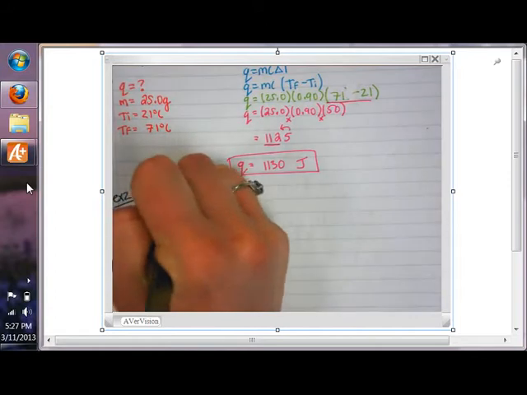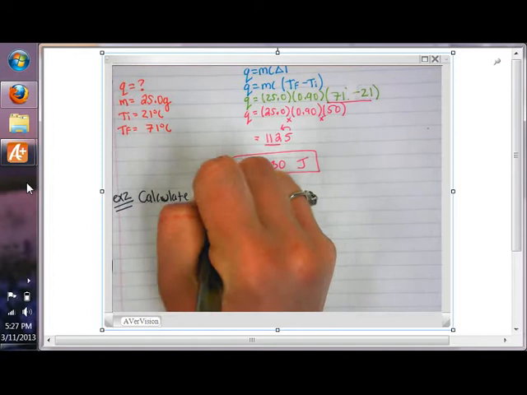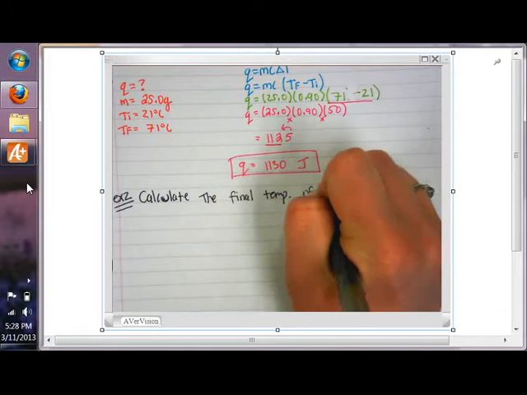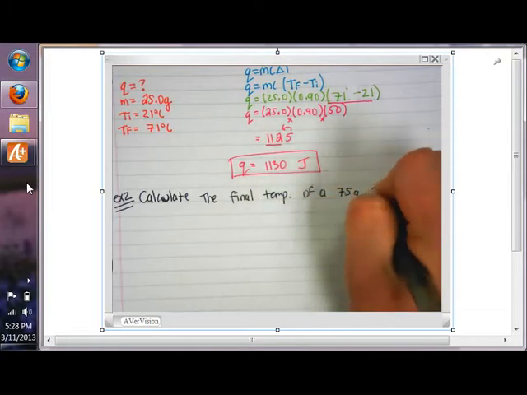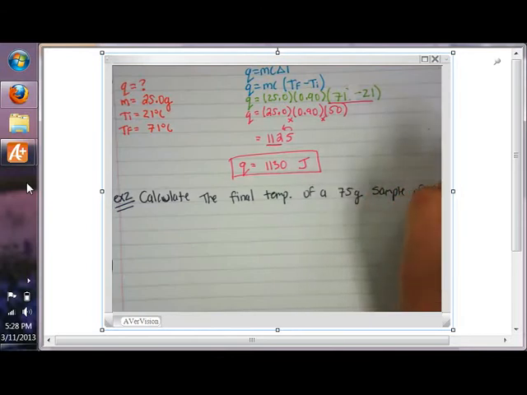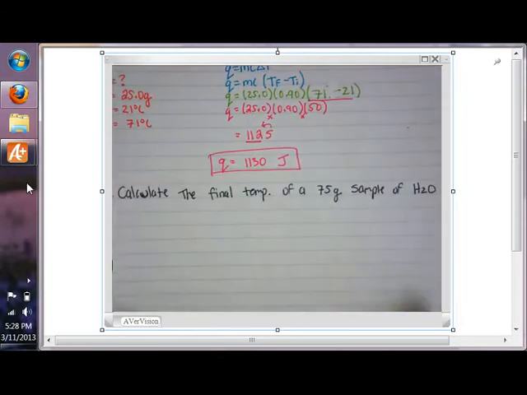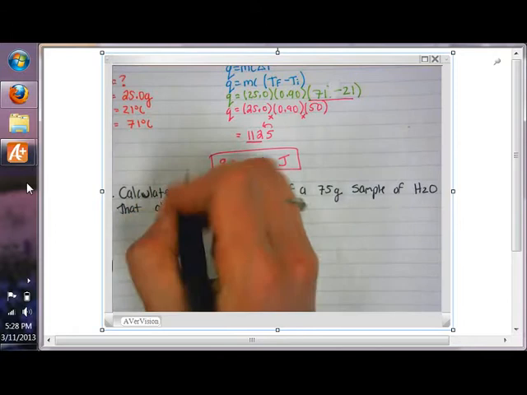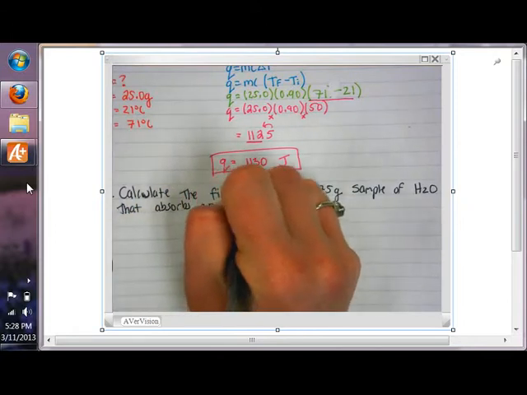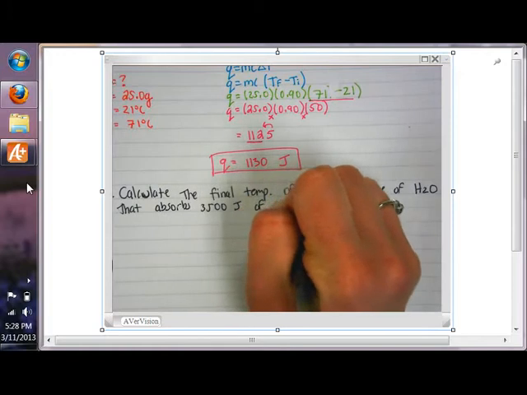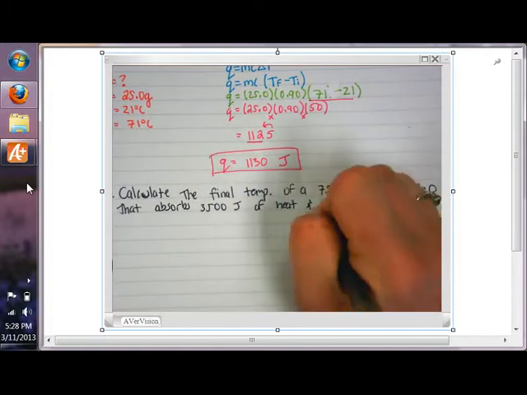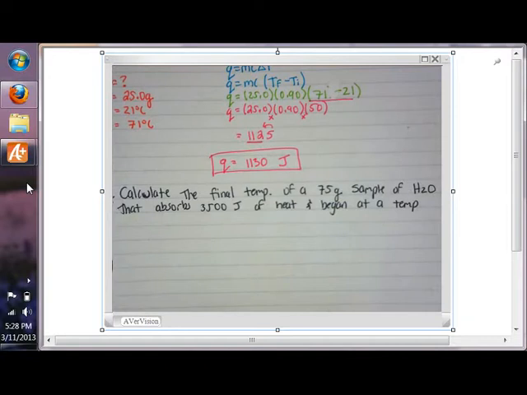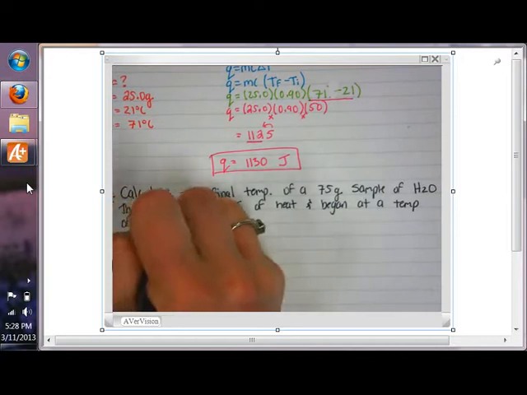Anyways, calculate the final temp of a 75-gram sample of water that absorbs 3,500 joules of heat and began at a temp of 22 degrees Celsius.